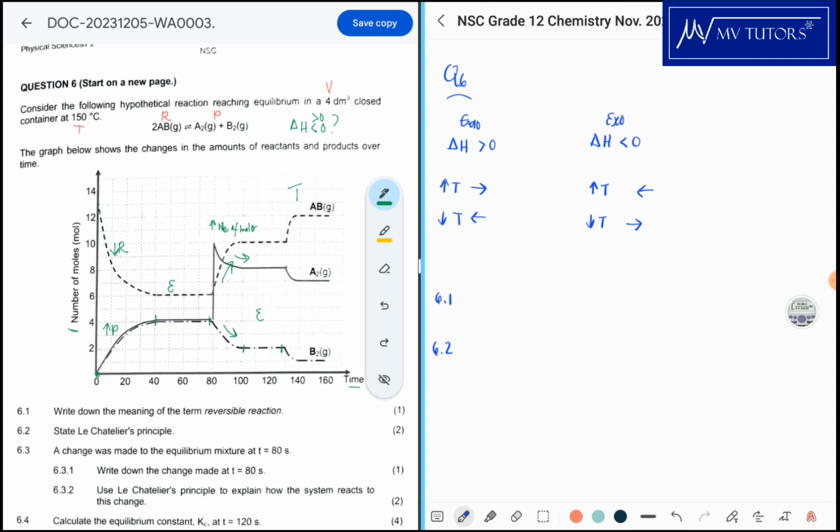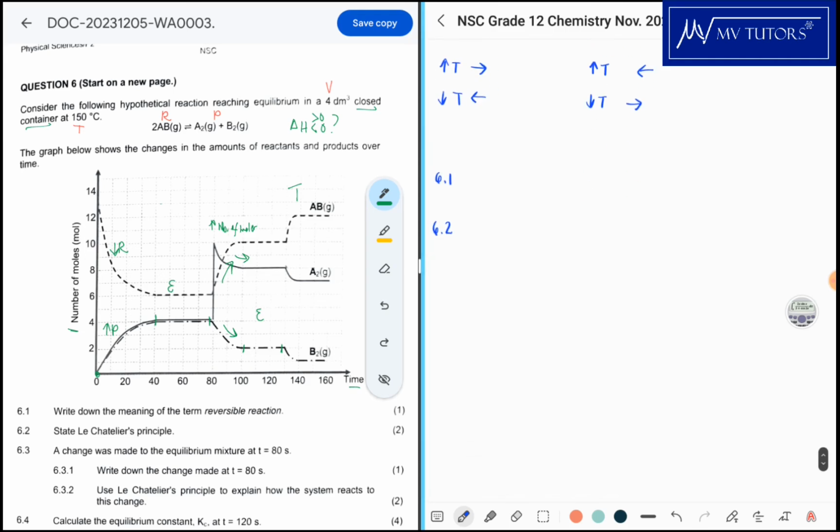Basically, when the equilibrium in a closed system, remember, closed container, closed system, is disturbed, the system will reinstate a new equilibrium by favoring the reaction that will oppose the disturbance. So that's Le Chatelier's principle.